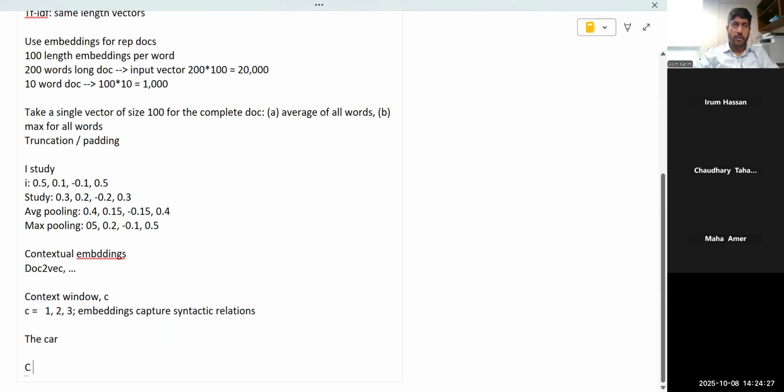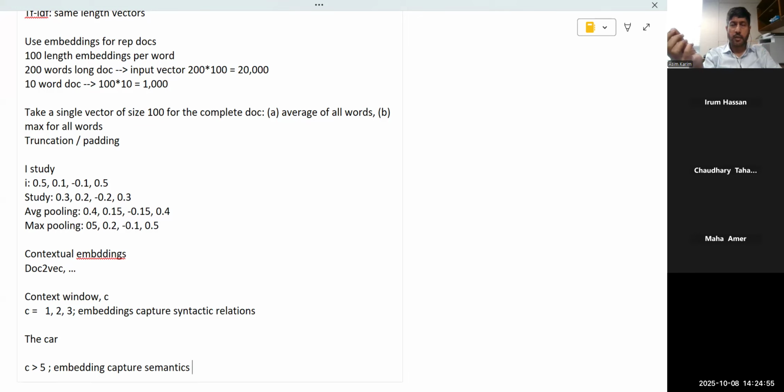So if you keep C large, let's say greater than 5, then embeddings capture semantics to a greater extent. And semantics, as you remember, are many things, as we saw before.